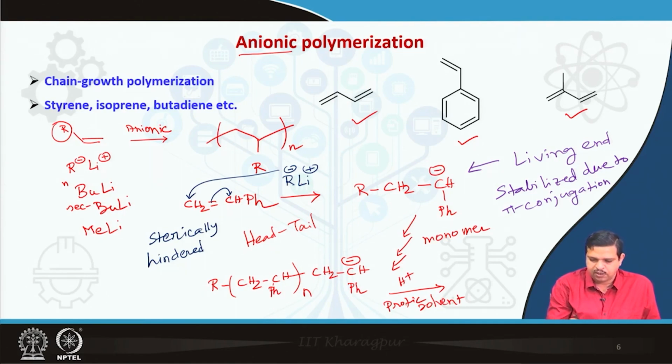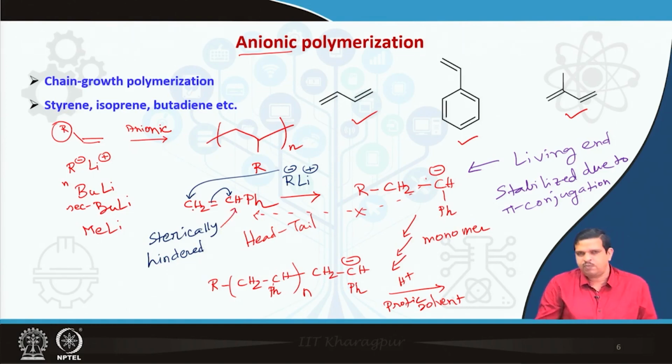Always the head to tail attack is favored, because this position is sterically hindered. So, the attack on this side is sterically favored. So, anionic polymerization is always head to tail attack.